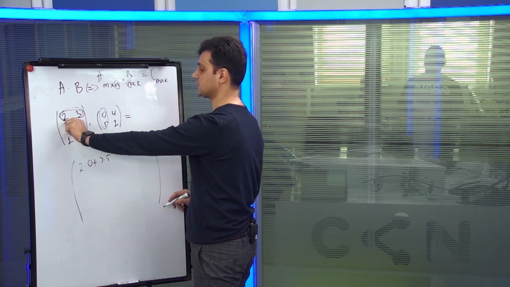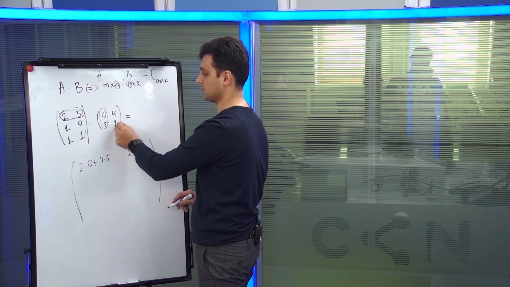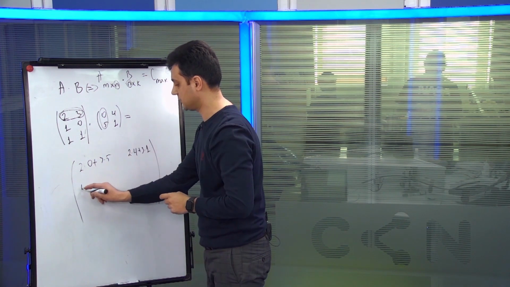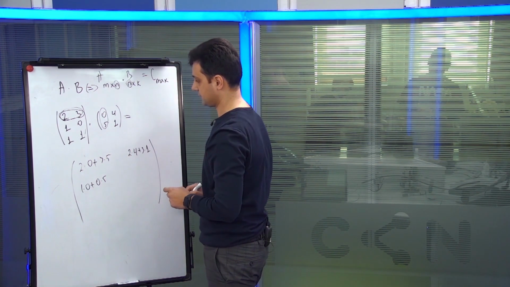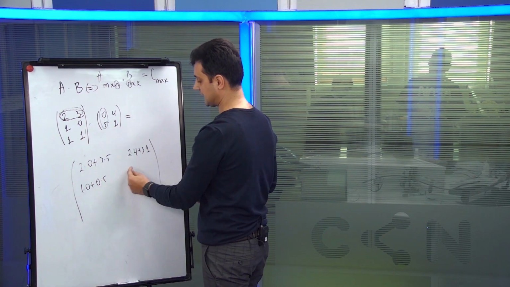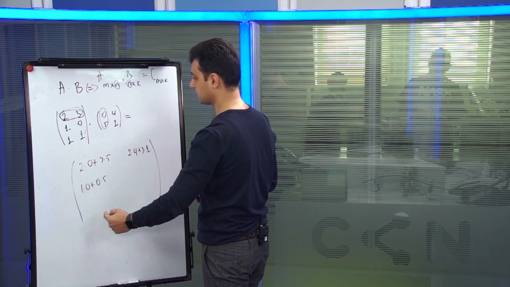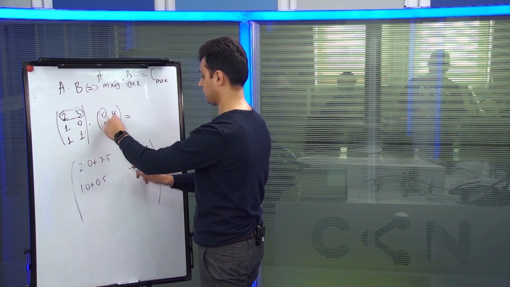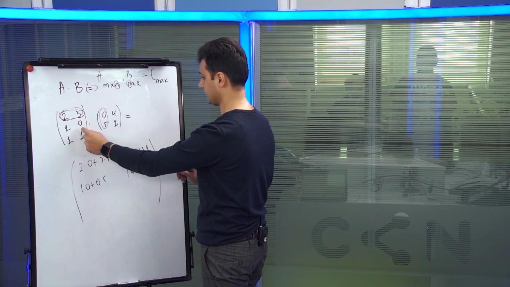Now we go to the second row elements and multiply the first column and second column elements separately. 1 multiplied by 0 plus 0 multiplied by 5, right? And the second element of the second row for the result matrix, 1 multiplied by 4 plus 0 multiplied by 1.